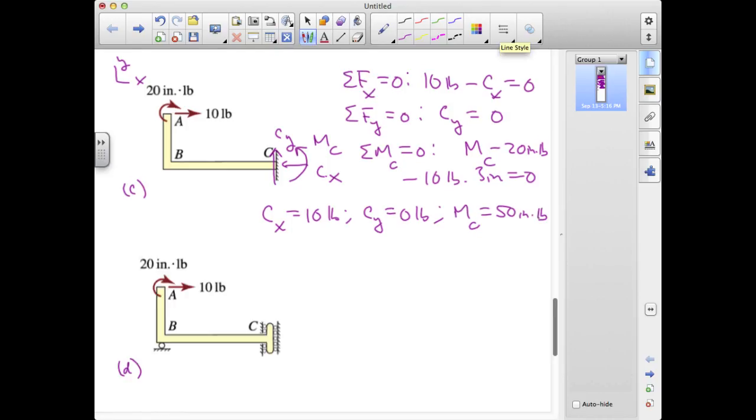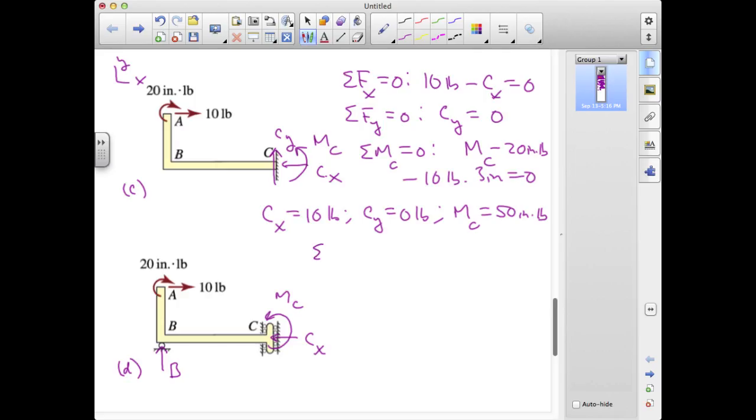For part D, I have this roller support at B, and at C I've got a reaction force CX and a reaction moment MC, but no reaction force CY. The icon is indicating that I can translate without resistance vertically. This also turns out to be a relatively simple problem in terms of the algebra.